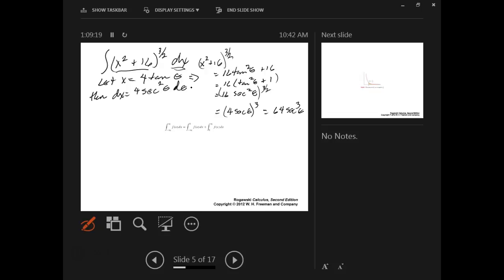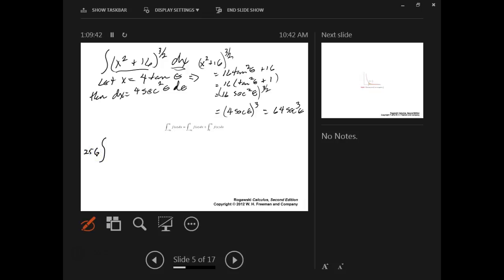So now let's rewrite our integral. This entire thing here was 64. I'm going to pull the 64 on the outside. And since I'm going to have a 4, 4 times 64 is 256. 256 goes on the outside.